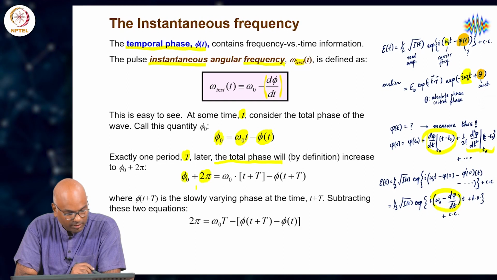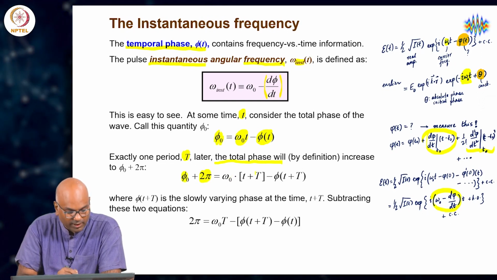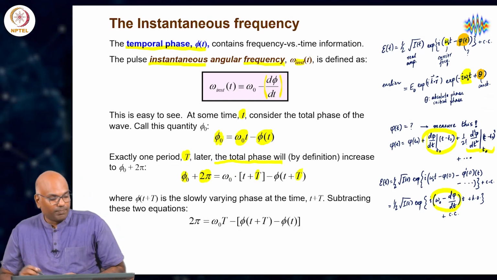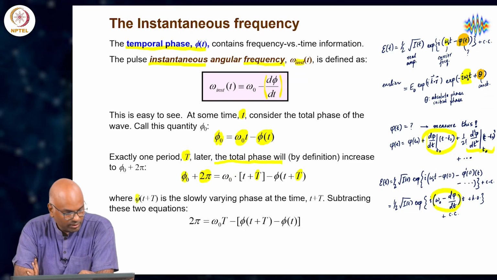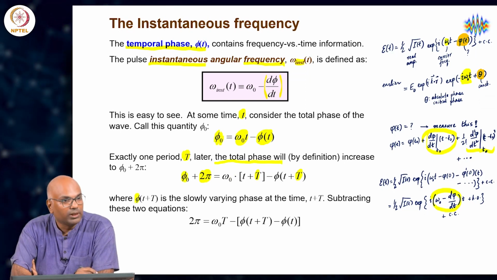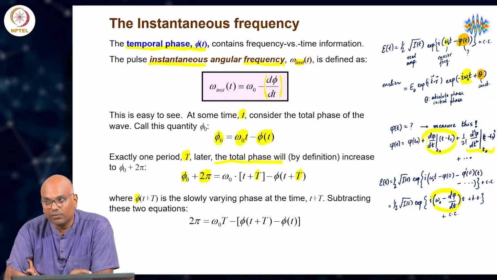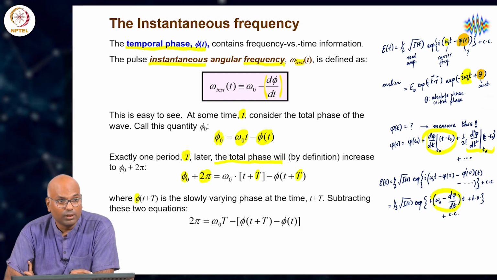It should indeed increase by 2 pi, and on the right hand side, let the time evolve by capital T. So, phi of t essentially is the secondary phase function, and as I said, for omega naught to have robust physical meaning, this variation in time must necessarily be slower.